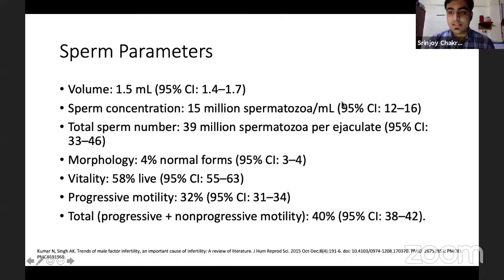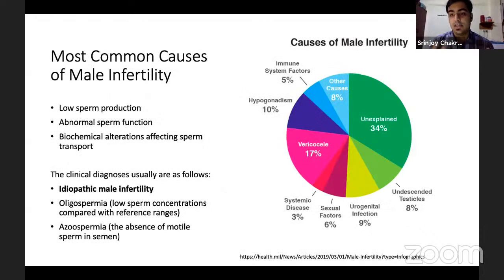These are the basic sperm parameters that are usually checked when semen is analyzed. If there is a problem in the sperm parameters, that's what we are trying to study: what is causing these errors. The most common causes of male infertility are low sperm production, abnormal sperm production, and biochemical alterations that affect sperm transport.